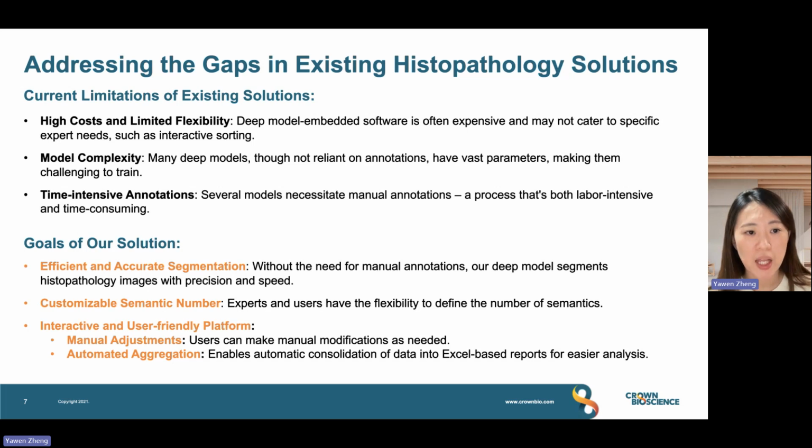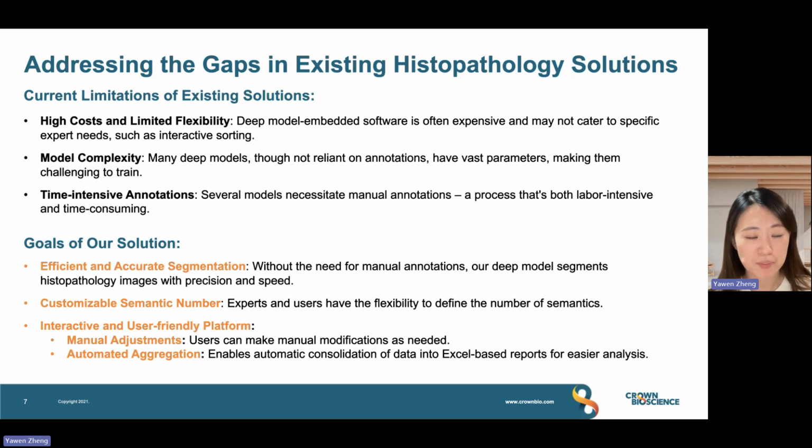The second is that there are some deep models that can be independent of the annotation information, but they have a large number of parameters that makes them very hard to train. And the third is that several models can be dependent on the manual annotation information and achieve very high accuracy. But like I said before, the whole process is labor intensive and time consuming.